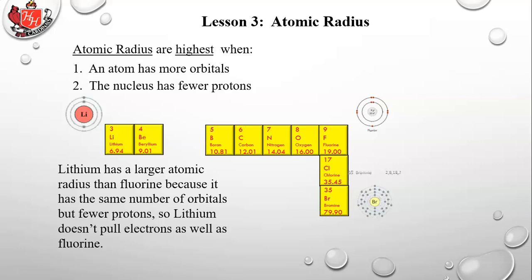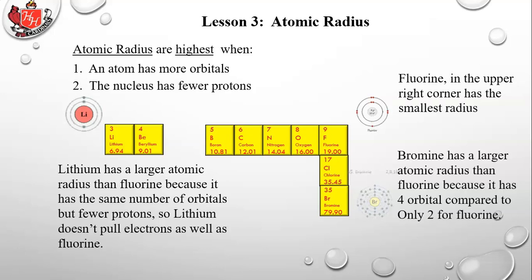Lithium only has the 3 protons to pull on its electrons, and so it can't pull them in very well, so they tend to stay farther away from the nucleus, and therefore lithium is a larger atom. So fluorine in the upper right-hand corner has the smallest radius. Bromine, as we mentioned, has a larger atomic radius than fluorine because it has 4 orbitals compared to only 2 for fluorine.